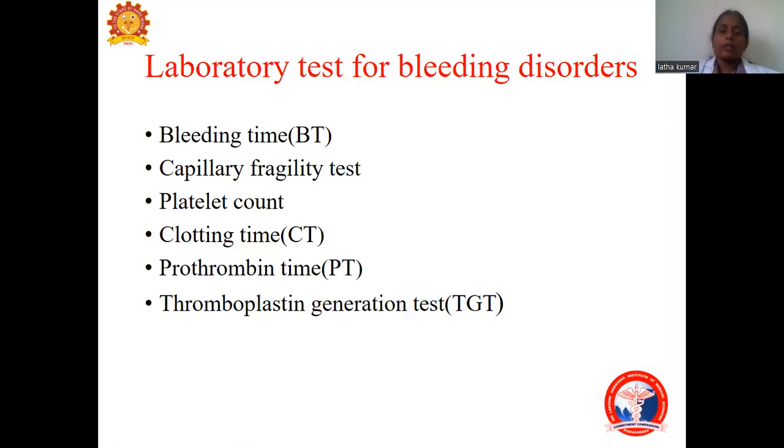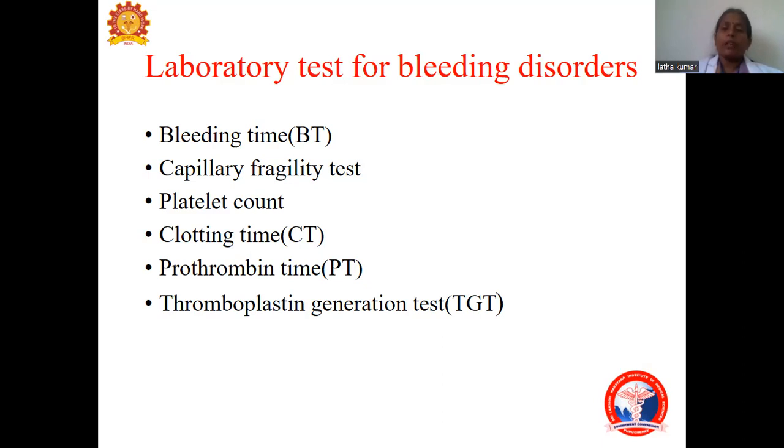Next, laboratory tests for bleeding disorders: bleeding time, capillary fragility test, platelet count, clotting time, prothrombin time, and thromboplastin generation test. Normally in the labs, we do bleeding time and clotting time. For bleeding time we use Duke's method, and for clotting time the capillary tube method.